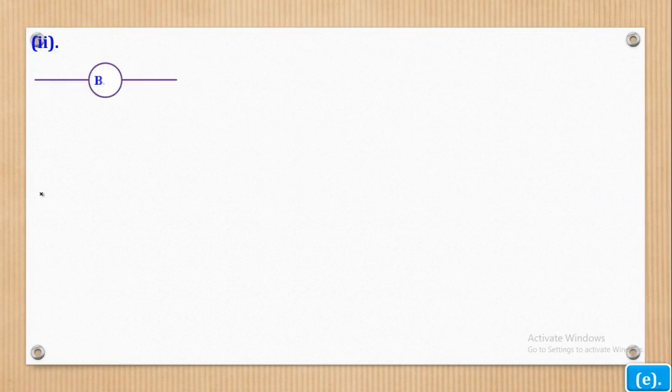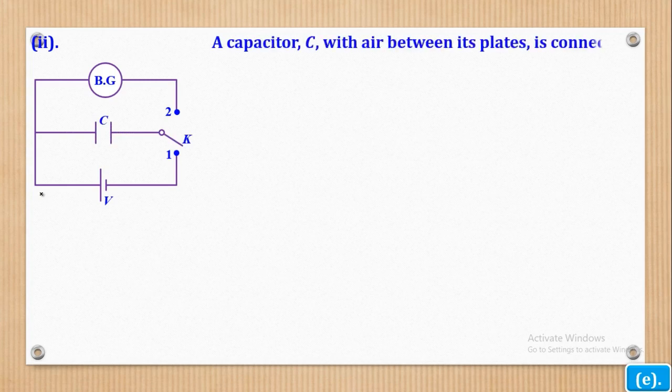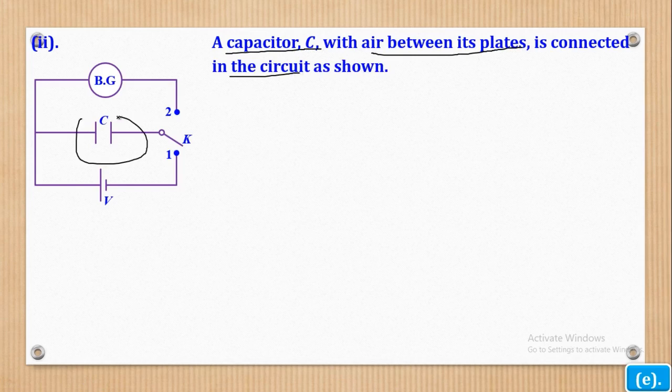Let's first draw the circuit diagram to ease the description. So you say that a capacitor C with air between its plates is connected in the circuit as shown. So that's the capacitor C.